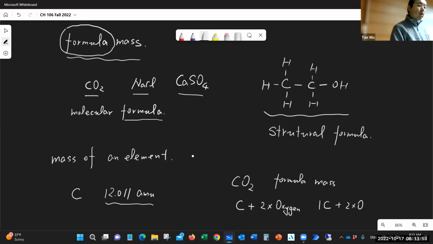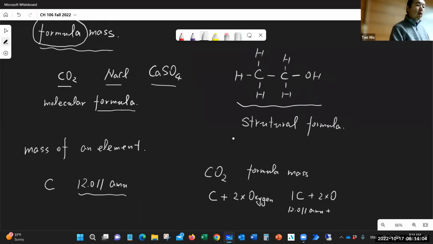The mass for carbon is 12.011 AMU, and oxygen, we already know, is 15.9994. So we take 2 times 15.9994 AMU, and then you add them together. That's the formula mass for CO2.